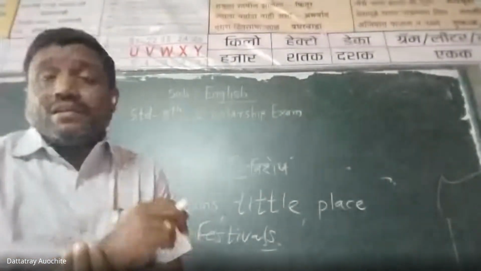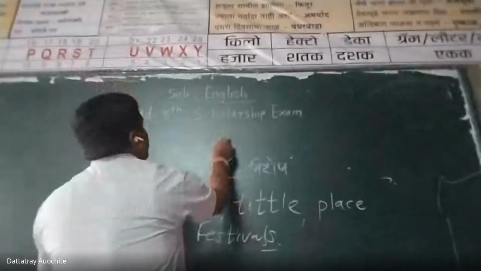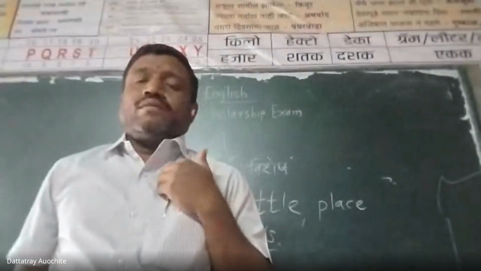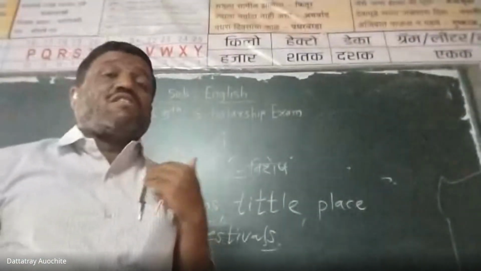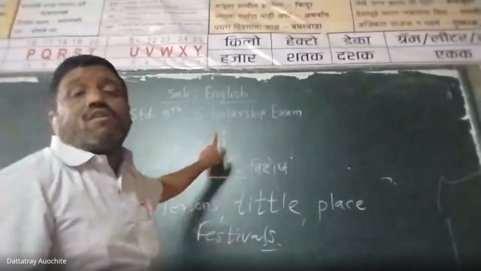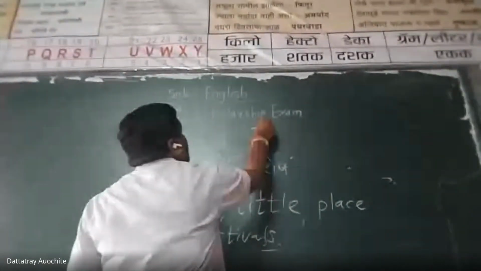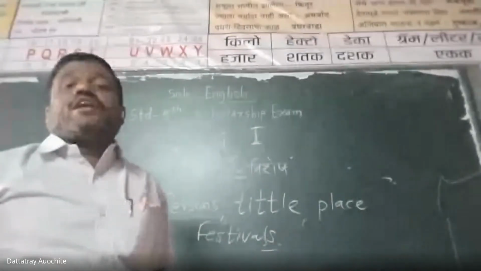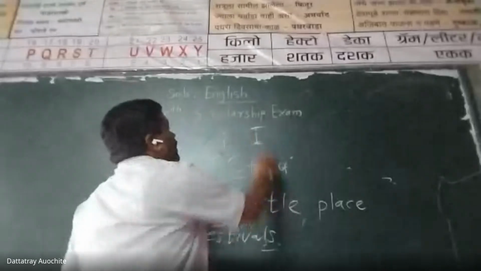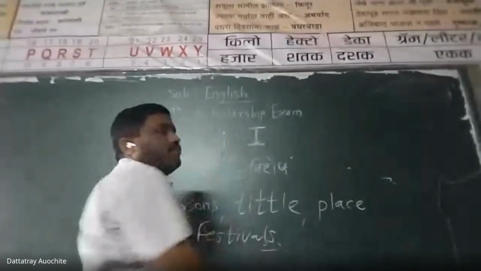Another guideline that is very important: the pronoun I. You know the first person pronoun I. Whenever we use the first person pronoun I in a sentence, it should be written in capital form. This is the capital version of the alphabet I, and this is the small version.